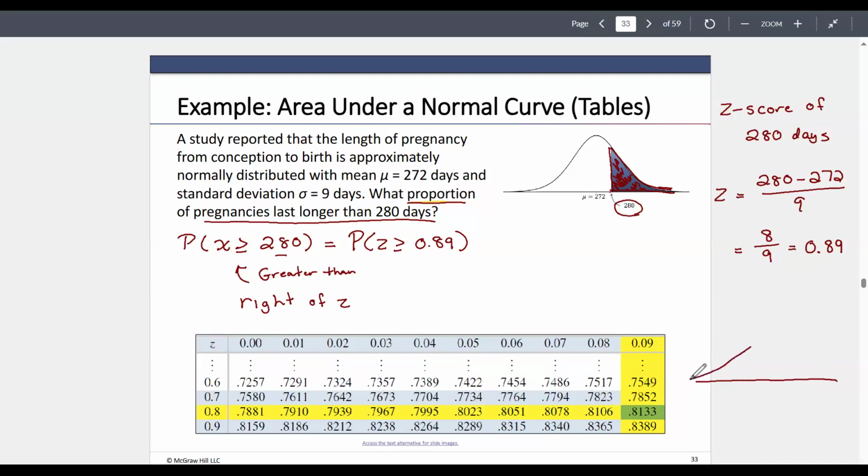Now remember, when I use my Z table, I look for my 0.8 and then I look for my 0.09 here. Remember, this is still area to the left. Sorry, I forgot to convert that all to Z's.